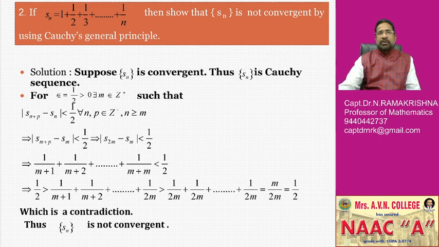So 1 by m plus 1 is clearly greater than 1 by m plus m. Similarly 1 by m plus 2 is greater than 1 by m plus m.